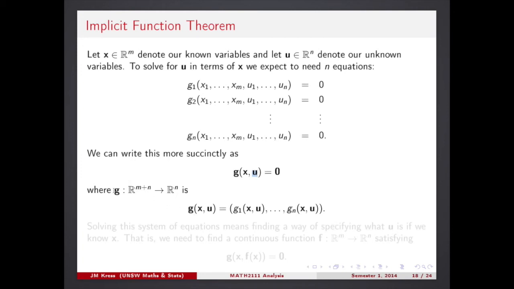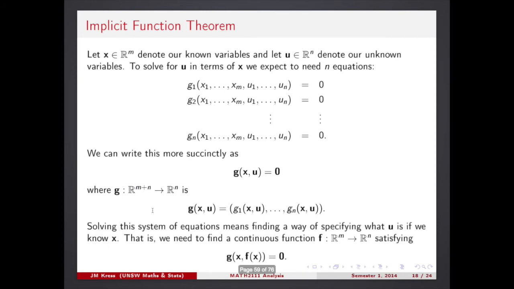So here's my g function, you see. I'm hoping I can find a solution, f, which depends on these m variables and which delivers the values of these n unknowns. I call this solution f, and I'm hoping this solution works like this.